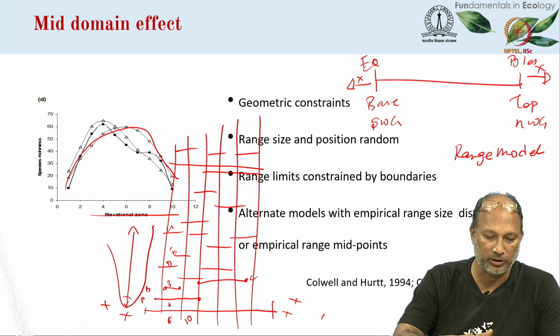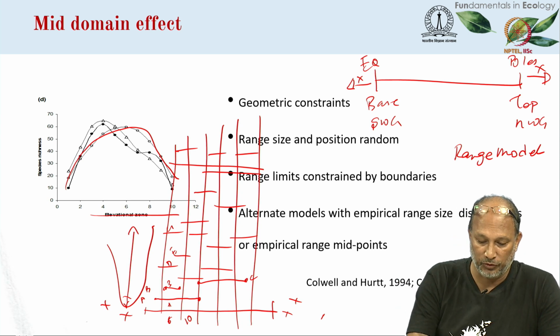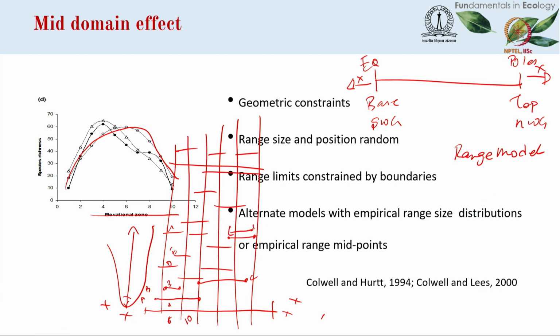A more smooth hump-shaped distribution. If you use the empirical range sizes, so if you actually now do the randomization, but you take the range sizes from your own data set, then you get patterns that are not as smooth, that are a little bit more influenced by the types of range sizes you have in your empirical data.